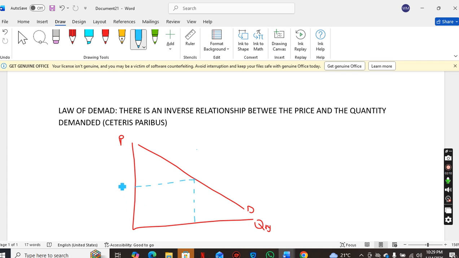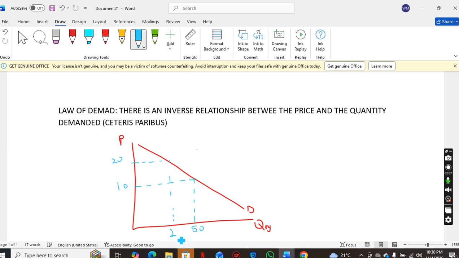Let's say good is costing 10 kwacha and you're able to buy 50 units of that good. Okay, so I'm just illustrating this inverse relationship. If the price of the good rises from 10 kwacha to, let's say, 20 kwacha, it doubles. You're going to buy less of this good because it's now expensive.